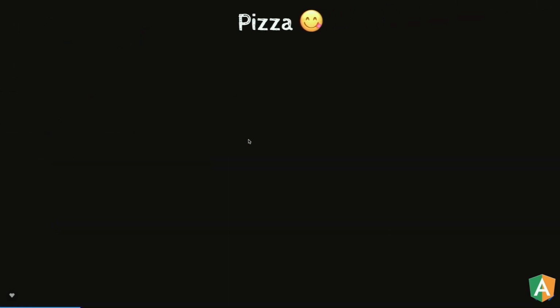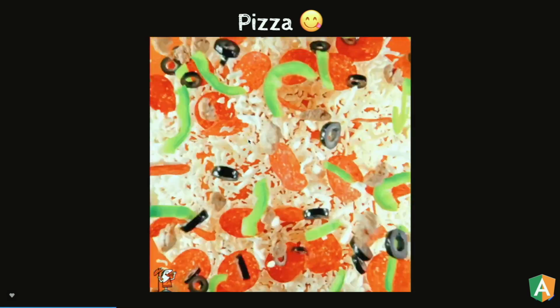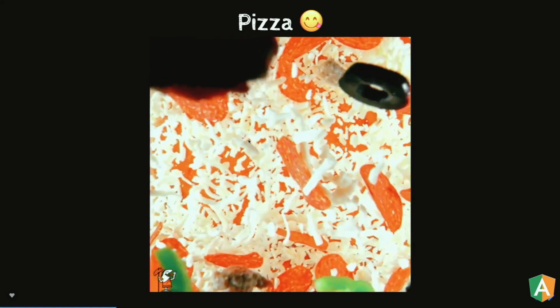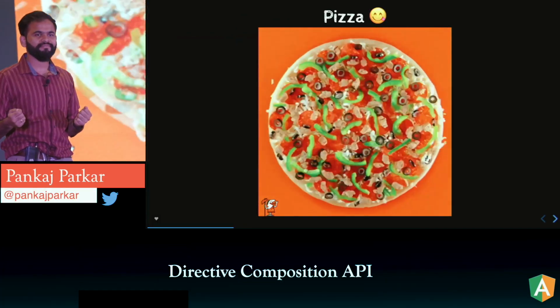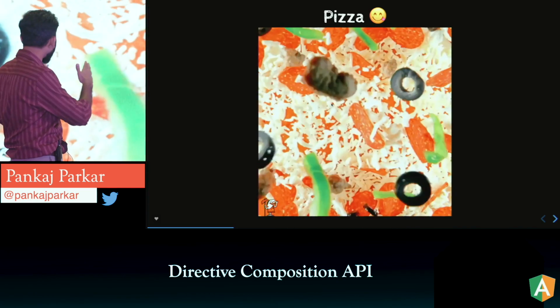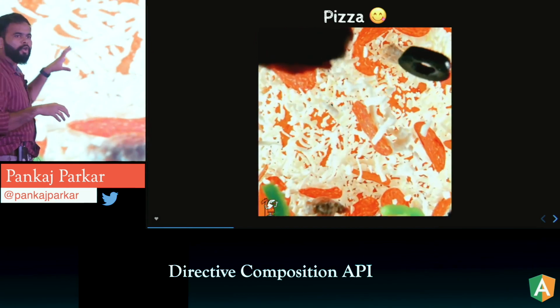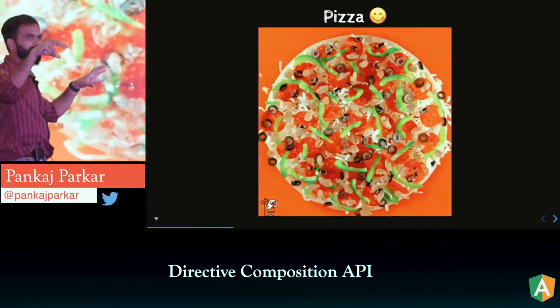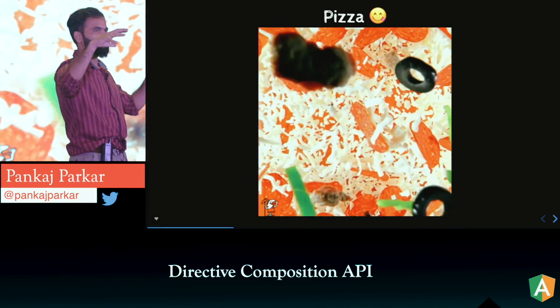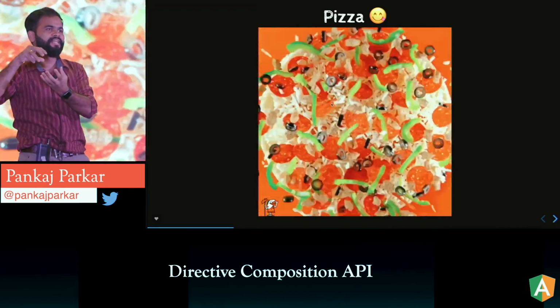Let's move a little bit ahead. And yes, this is pizza. Imagine pizza without toppings. Let's try to relate pizza with the directive concept. Toppings are kind of directives; you can think about them in the programming world as a small piece of functionality.